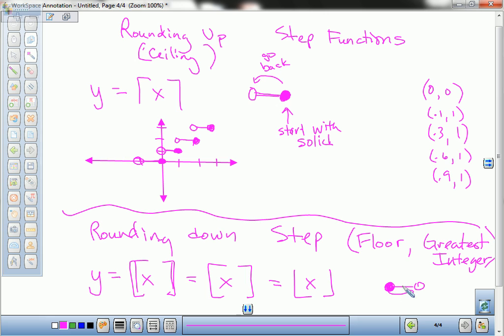Every single other thing works the same way. We just have to start with this part and go back. And then if you want to jump up and do an open over to closed, open over to closed, open over to closed, that's fine. But the first one you do, you start with the solid and go back to the open. Got it?